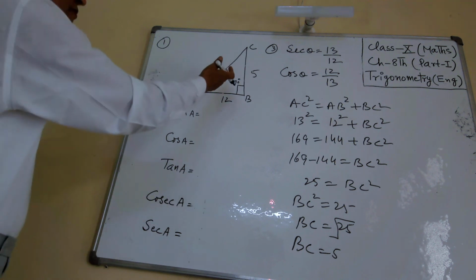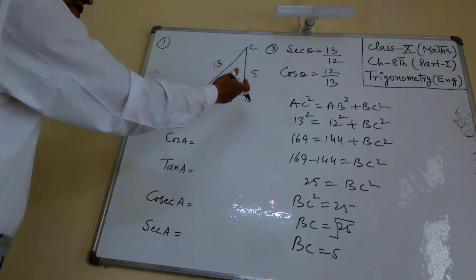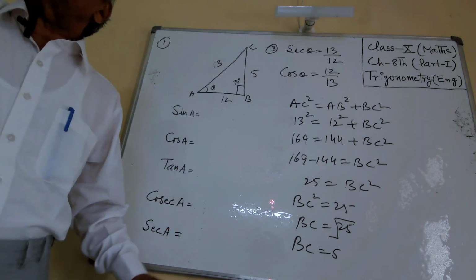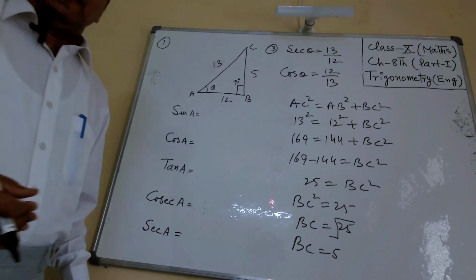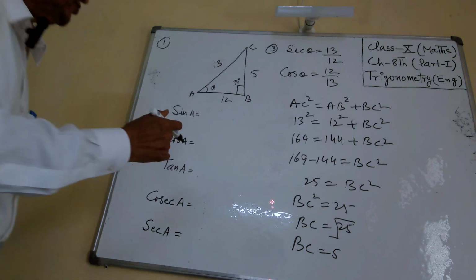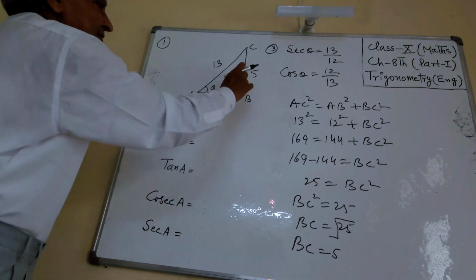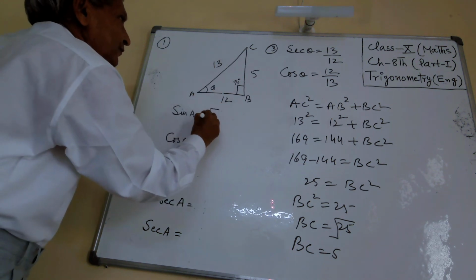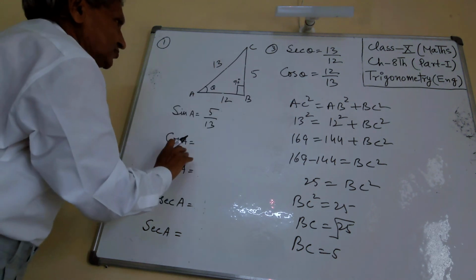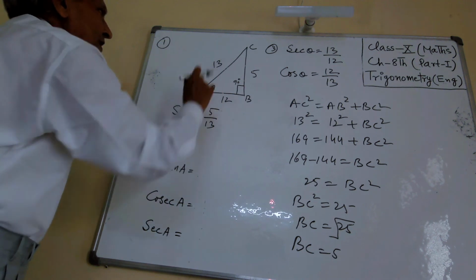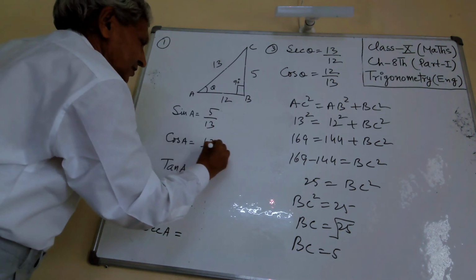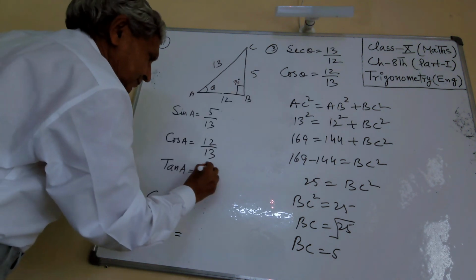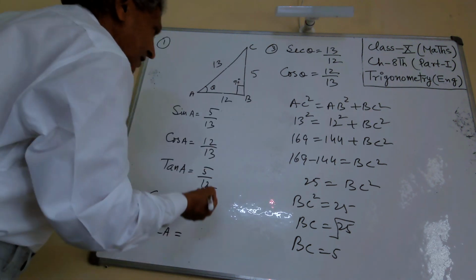Now you have all the sides of this triangle. Find out all the trigonometrical ratios. Sin A is perpendicular upon hypotenuse, 5 by 13. Cos A is base upon hypotenuse, 12 by 13. Tan A is perpendicular upon base, 5 by 12. And the other three are the opposites of these.